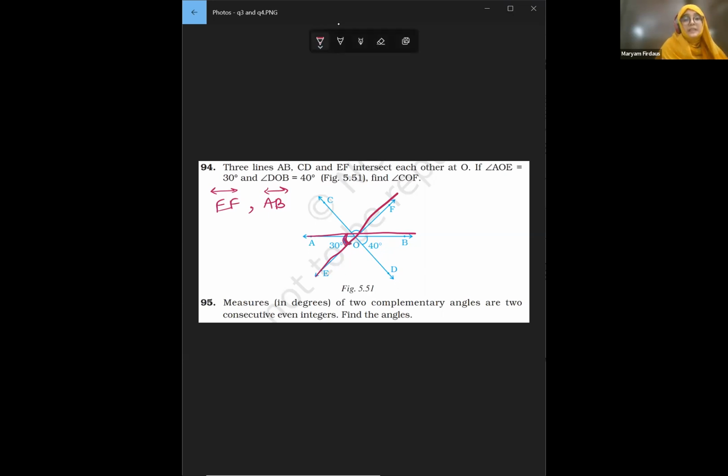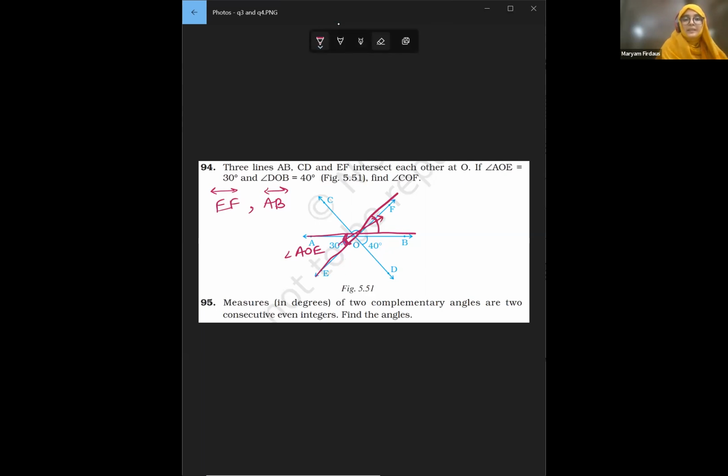Then what is the vertically opposite angle of this angle? It is this angle. What is the vertically opposite angle for angle AOE? BOE. BOE. What is BOE? BOE is this. How is it vertically opposite to this one? This one. This is the angle that is vertically opposite.